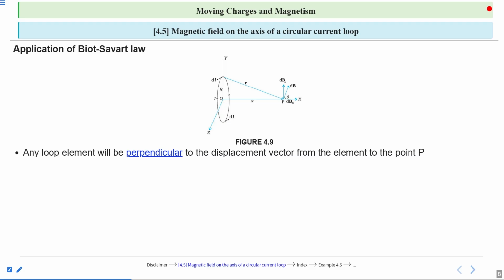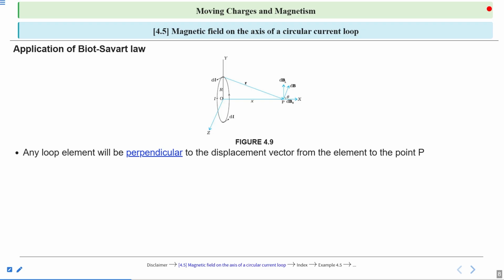From the figure you can see we have mentioned earlier that the loop is in the YZ plane, and this r vector is in the XY plane. The dl vector is on the loop, so the dl vector is in the YZ plane and the r vector is in the XY plane. So both dl and r vectors are perpendicular. So the angle between the dl vector and the r vector, that is the displacement vector, is 90 degrees.